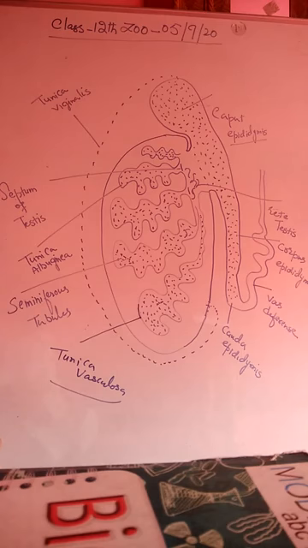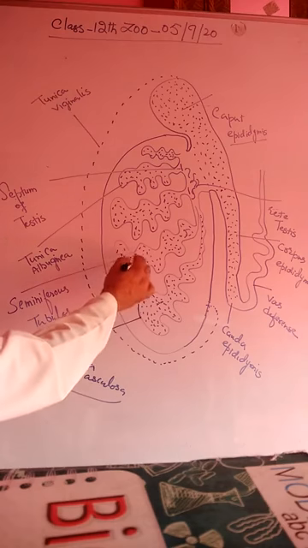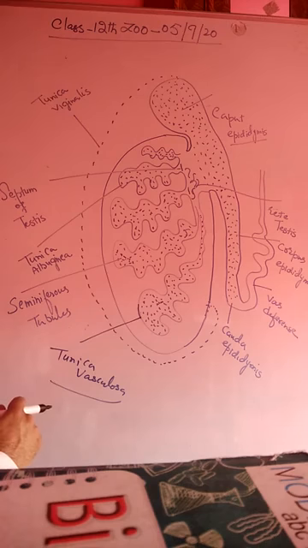Each seminiferous tubule is lined by germinal epithelium of two types of cells: germ cells, which are spermatogenic cells, and Sertoli cells, or nurse cells, which are sustentacular cells. Germ cells are cuboidal and form the bulk of the epithelium. They can be found here in each testis.